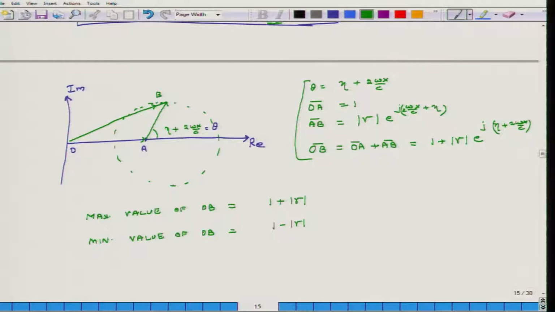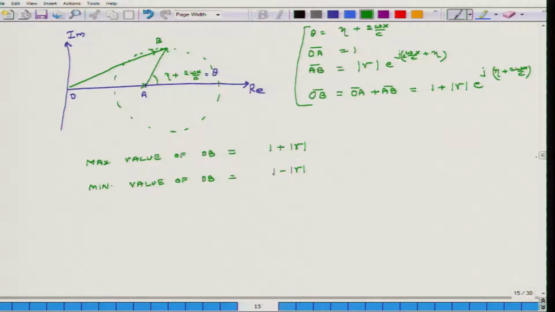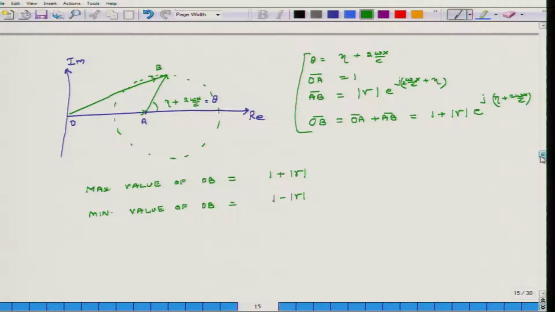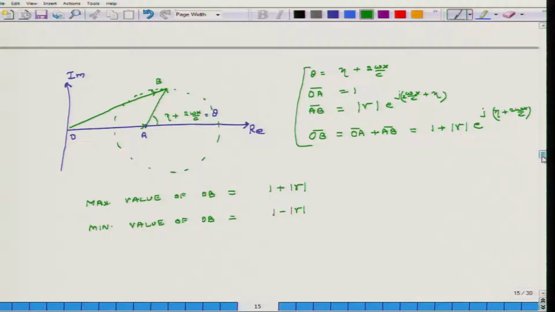Okay. So, when theta equals pi radians or minus pi radians, we will have the minimum value of OB. When theta equals 0 degrees, then we will have the maximum value of OB. Okay. So, with this understanding, what we do is we measure the maximum and minimum values of pressure. Okay.